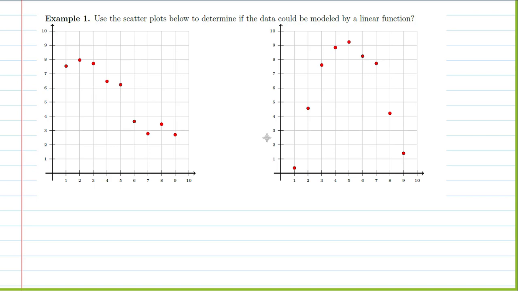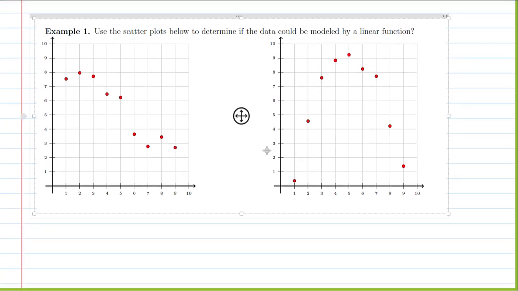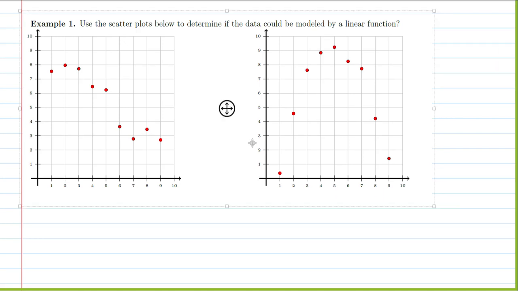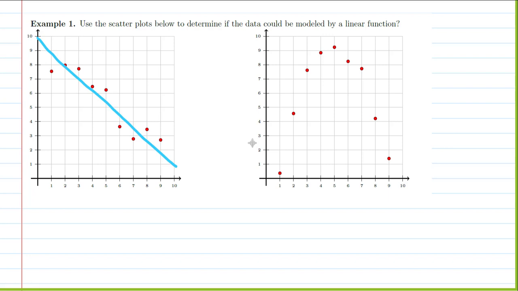So if I take a look here at example number 1, I've got this data set, and when I look at it, it's definitely not a perfect line, but if I were to look at my data, it seems to be fairly close to a line as I move from left to right. And we'll talk about what that means in a second.